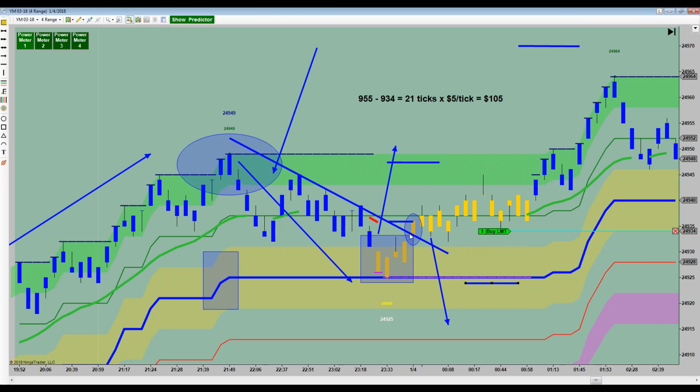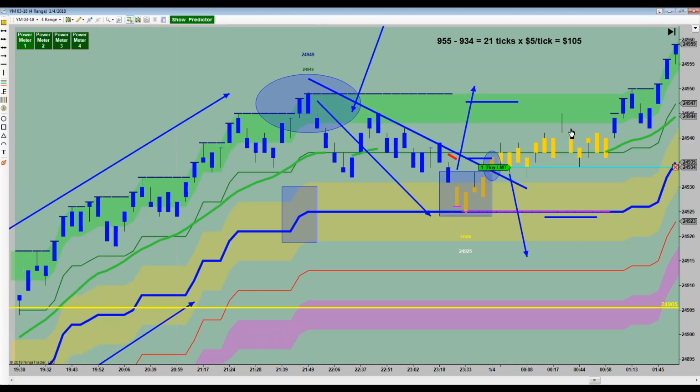Now, if you get filled here at 34, long on the limit order, you can see here it went up and tried to get to 40 and then started pulling back against you. So it might be up $5, down $5, up $10, $20, down $5. So when the market starts pulling against your entry, that's called feeling heat. But it has not hit your stop.